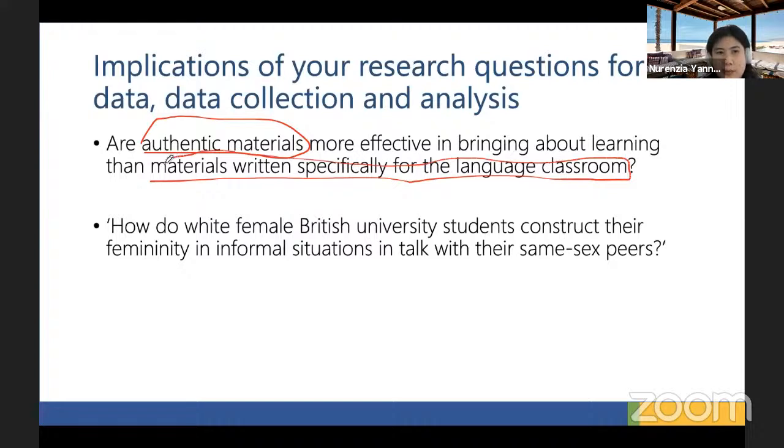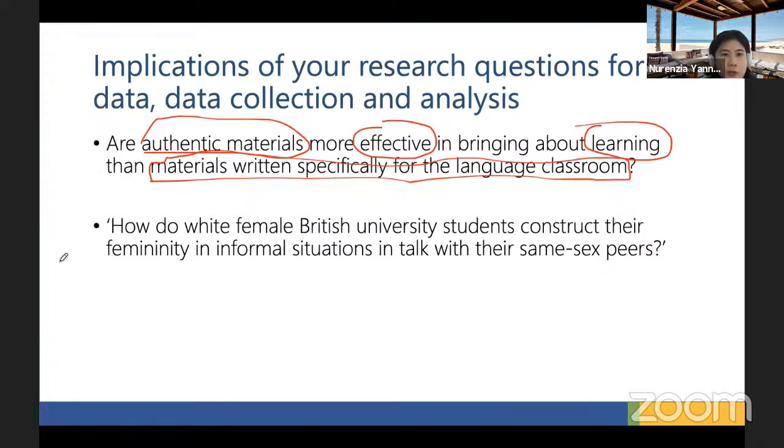Jadi ada dua jenis materials yang akan dikaji dalam penelitian, ya. Kemudian harus membahas effectiveness, and also harus membahas concept of learning and the effectivity of learning. Gitu. So that's the implication of having this kind of research questions.